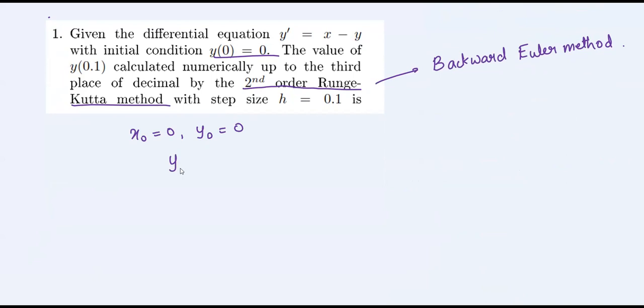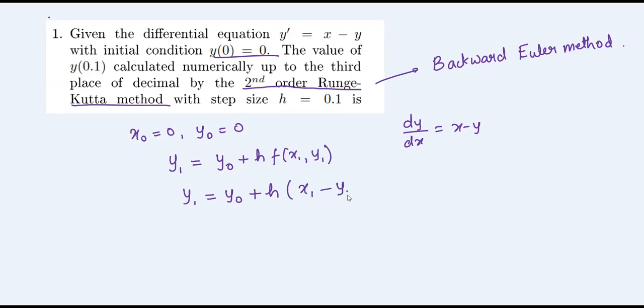Now, in the backward Euler method, y1 is y naught plus h times f of x1, y1. What is this f of x, y? It is x minus y here. So y1 is y naught plus h times x1 minus y1. So I need to calculate y1. What is given? x1 is 0.1, step size is 0.1, so in a single step I'll get it.